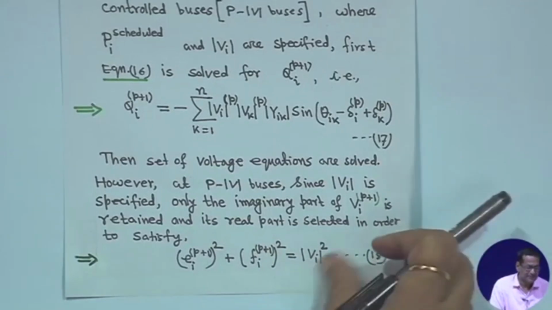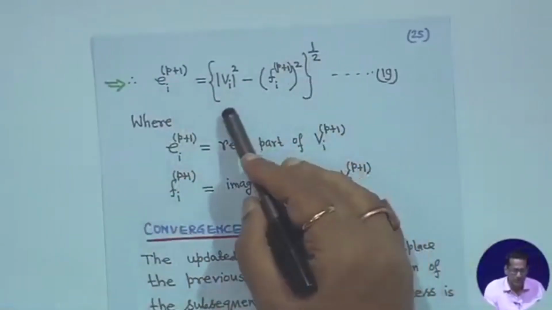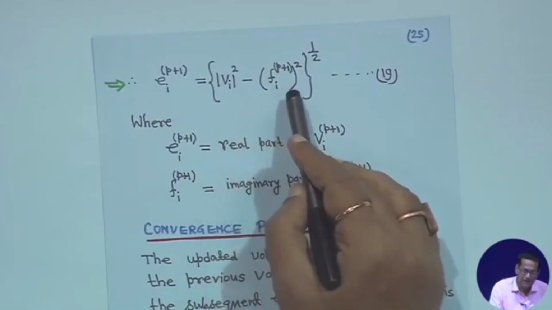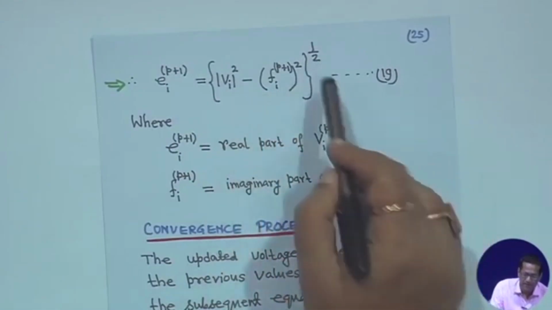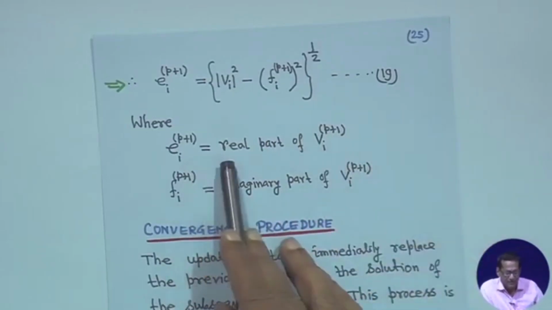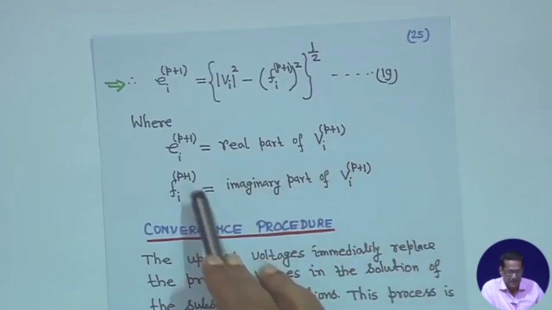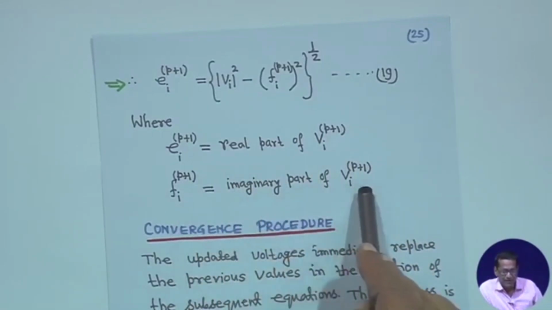So, Ei at p plus 1 is equal to the voltage magnitude Vi square minus Fi at p plus 1 square, to the power half, that is the square root of this, which is equation 19. Ei at p plus 1 is the real part of Vi at p plus 1, and Fi at p plus 1 is the imaginary part of Vi at p plus 1.